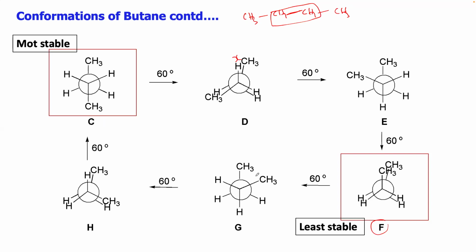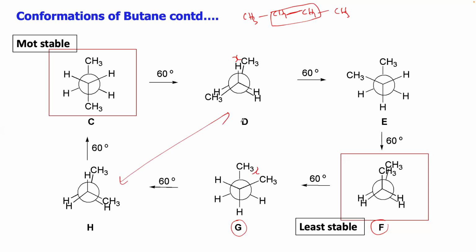Here also they are in proximity and have some steric clash, but G is more stable than F because it has less steric clash compared to F. And then you have H as well, which is similar to D. They're the same. Okay. Those are the 6 conformations you can get from butane.